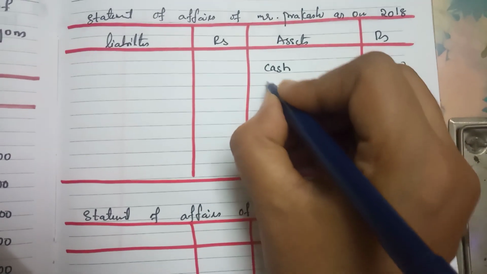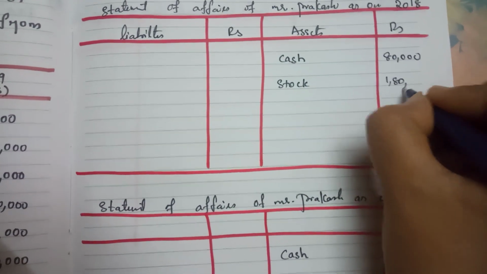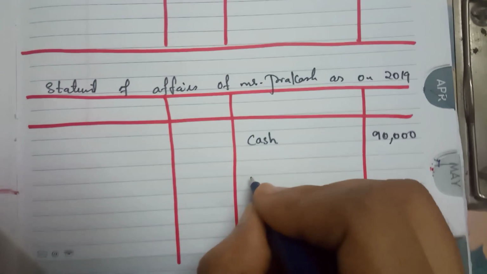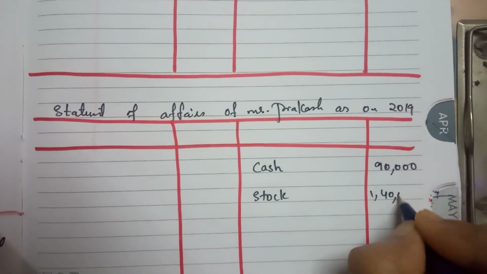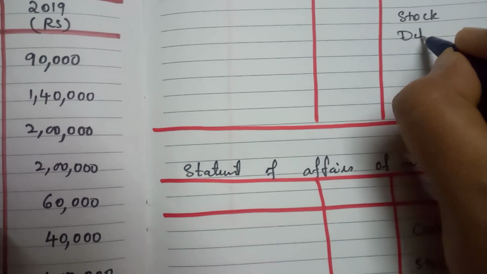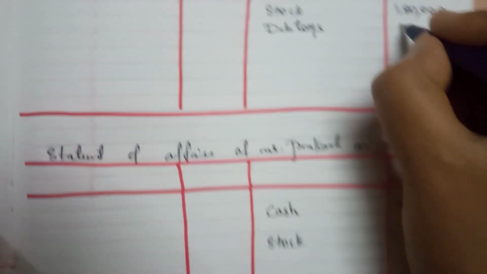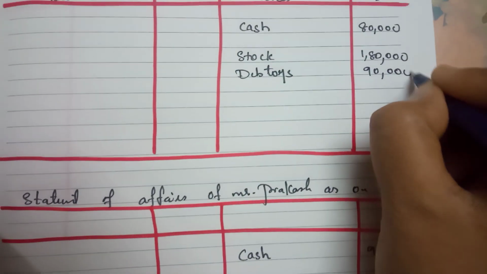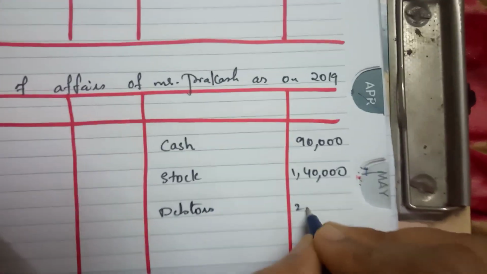Stock, 1,80,000. Here stock, 1,40,000. Okay, next we have debtors. Debtors is also an asset. So we'll see the amount. Debtors 90,000, 2 lakhs. Here 90,000. Here debtors 2 lakhs.